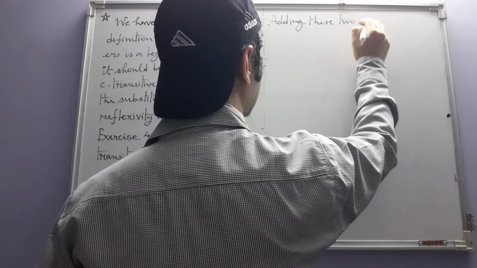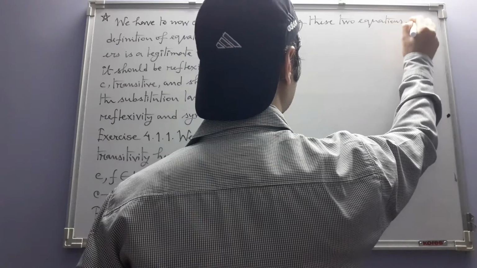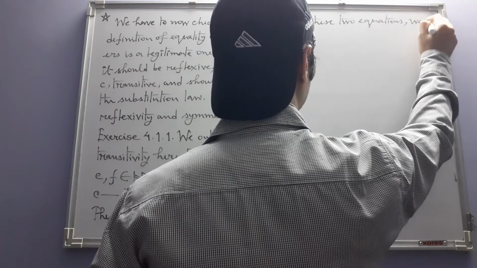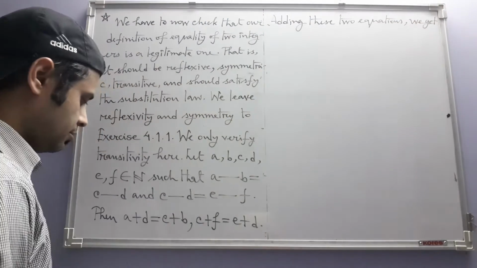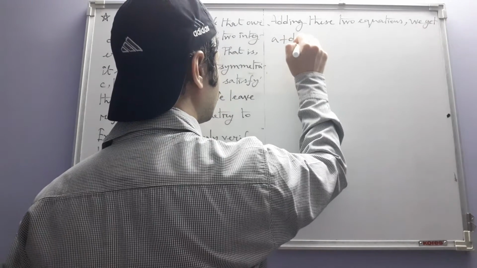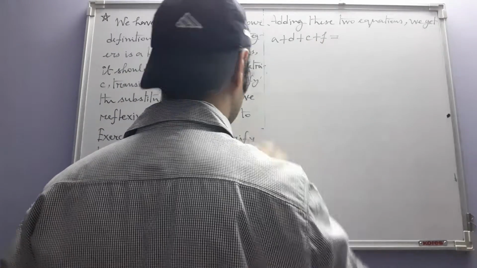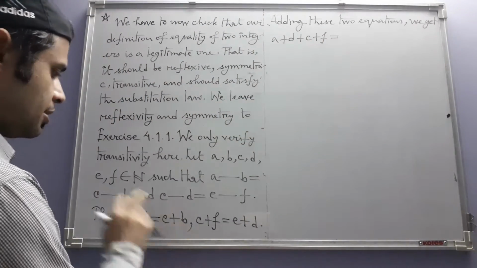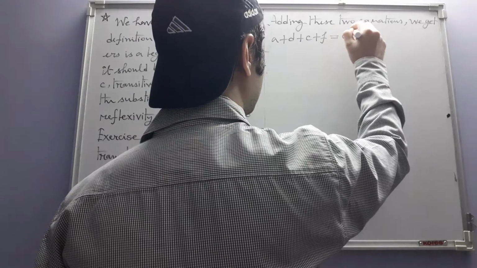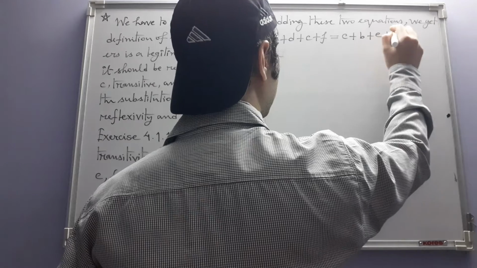Adding these two equations, we get A plus D plus C plus F is equal to C plus B plus E plus D.